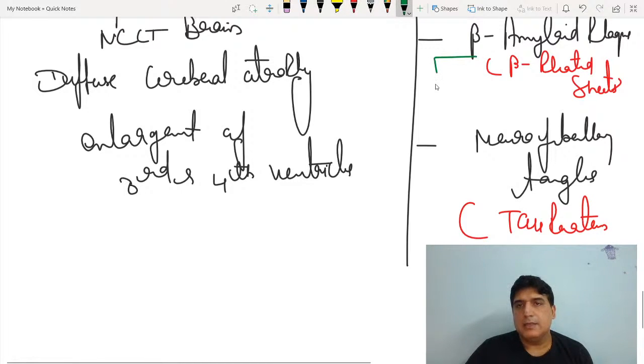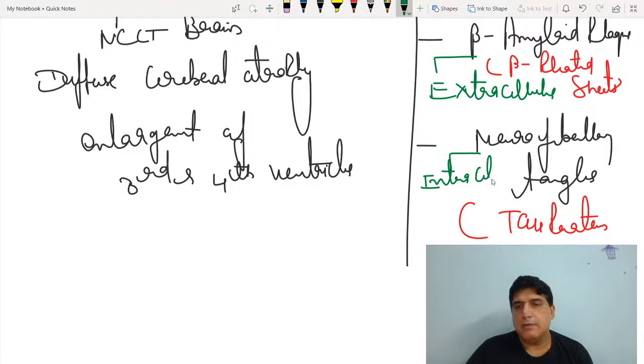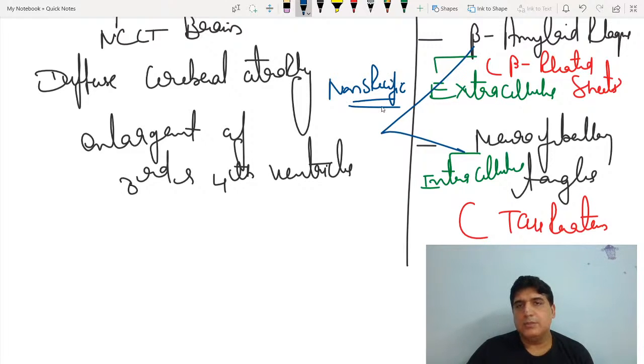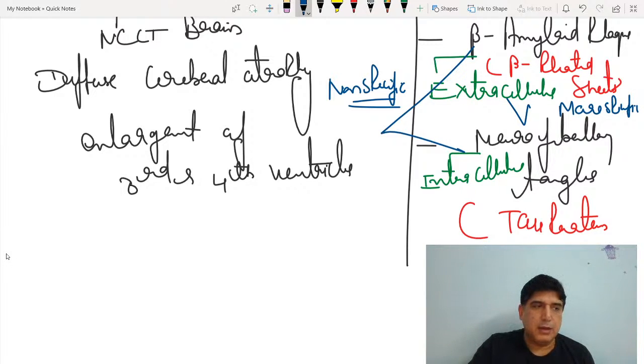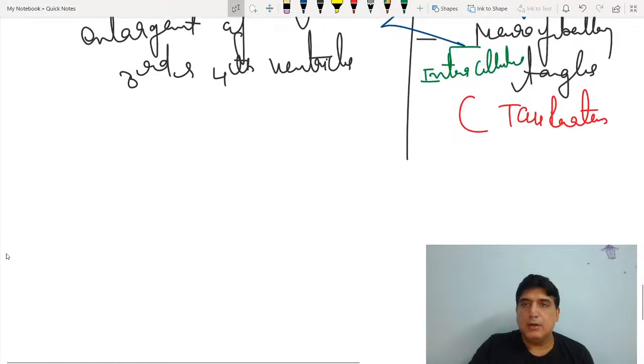Beta amyloid plaque is an extracellular finding, and neurofibrillary tangle is an intracellular finding. Both are non-specific findings. These findings can be part of other diseases as well. Okay, if they ask which is more specific, then your answer will be beta amyloid plaque is more specific than neurofibrillary tangle. Okay, guys.